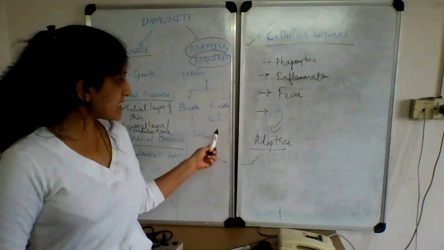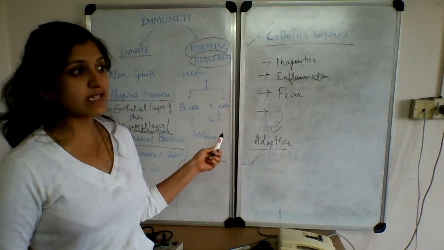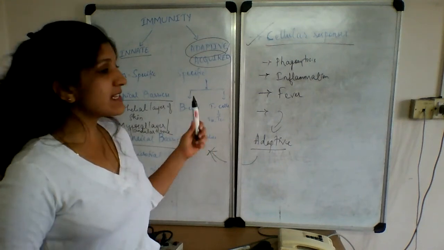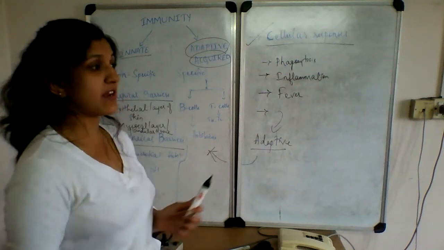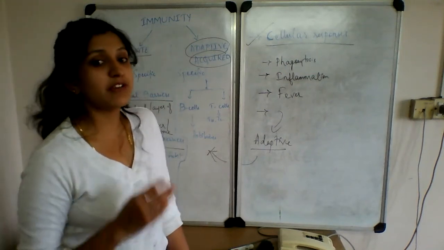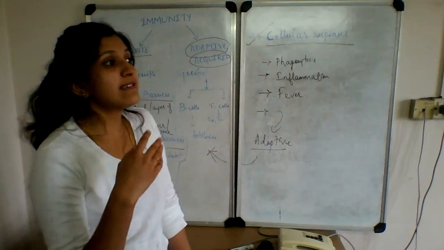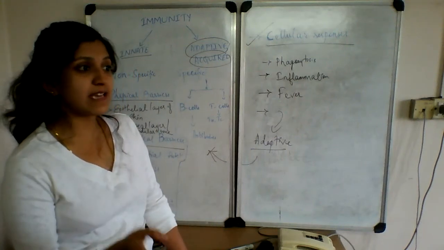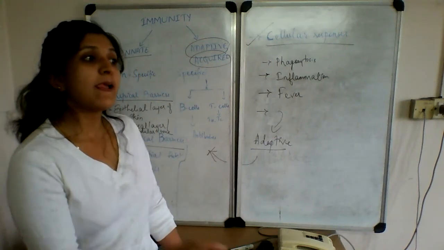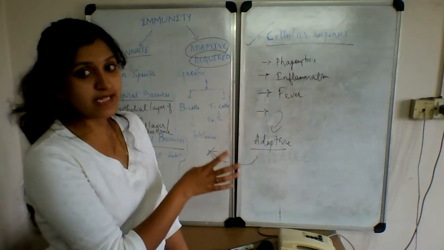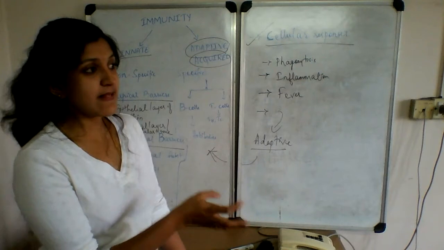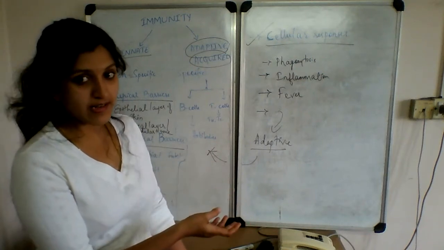In the case of TC cells, that is T cytotoxic cells, the TH cells again help in induction of these TC cells, that is, T cells get differentiated into TC cells. They come in contact with the macrophage presenting as an APC, antigen presenting cells, that is macrophages or dendritic cells.